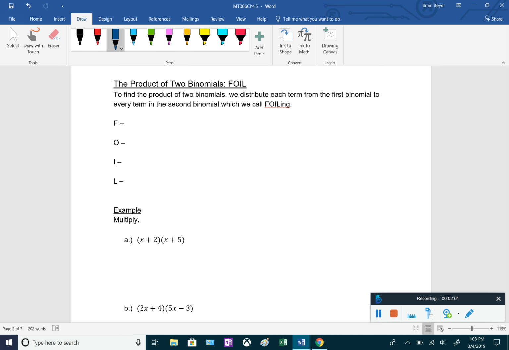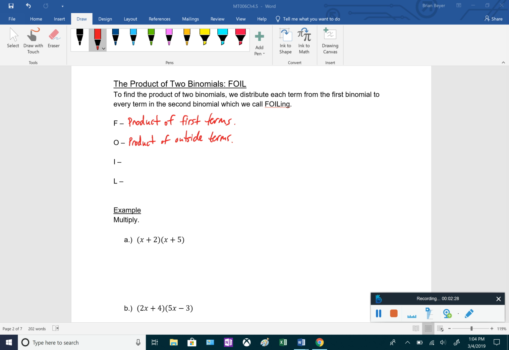Okay, so now we are going to be multiplying binomials. So for the product of two binomials, what we have to do is we distribute each term from the first binomial to every term in the second binomial. When we're multiplying two binomials, this can also be called FOILing. So the F stands for the product of the first terms. The O stands for the product of the outside terms.